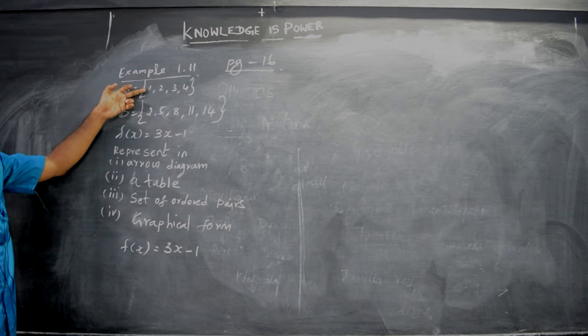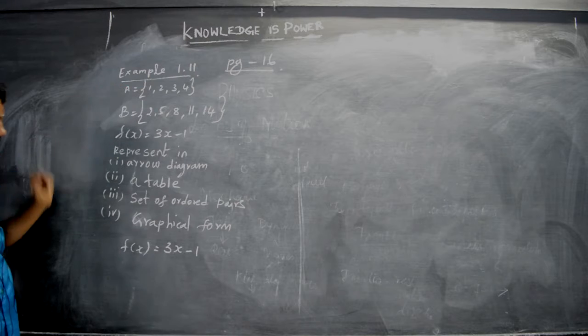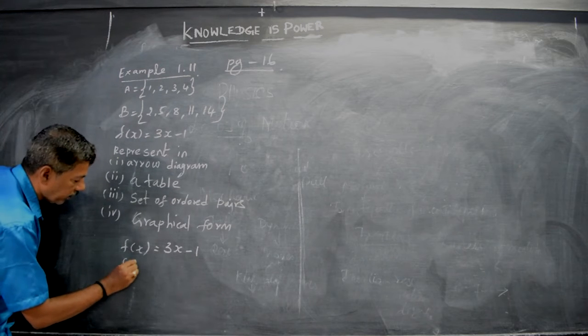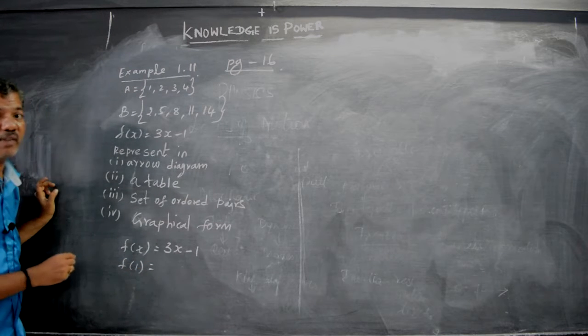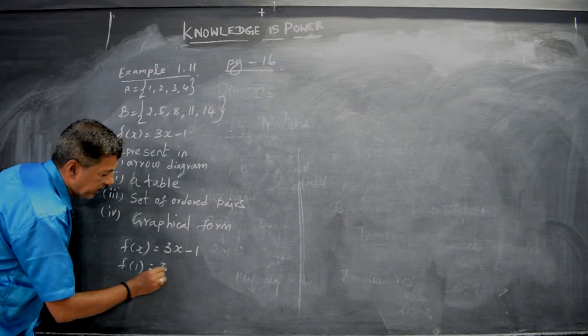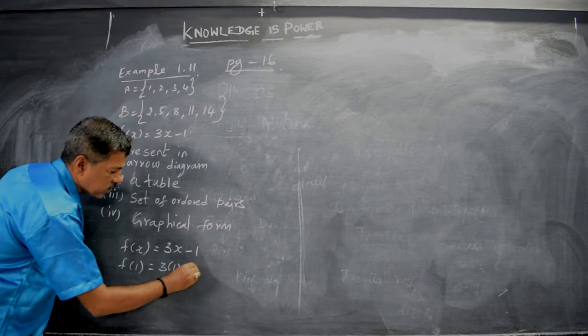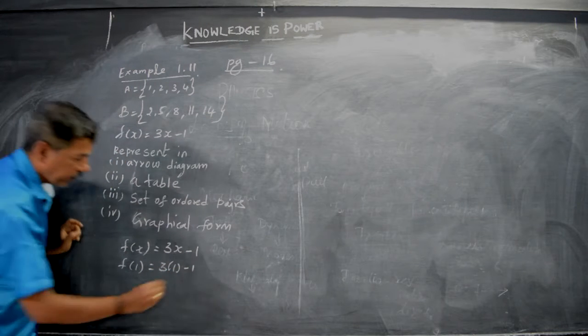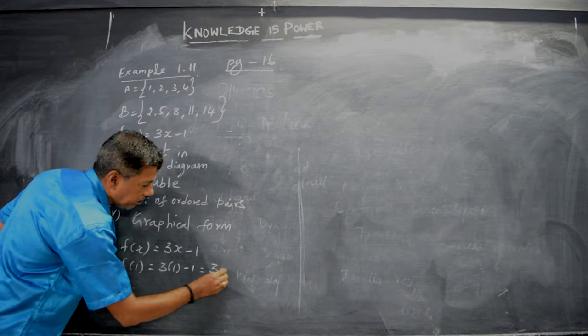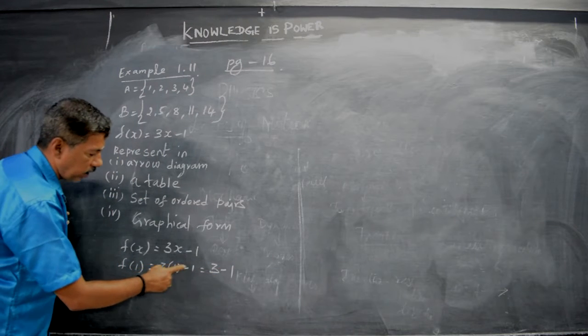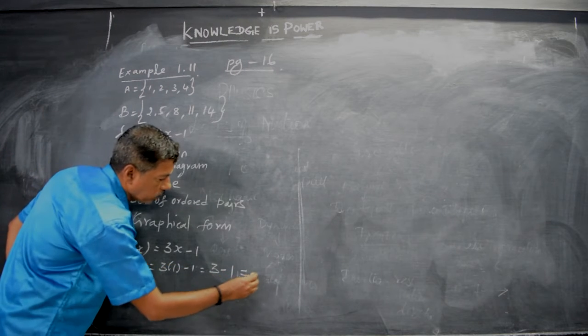What is the first value of A? 1. Now you substitute 1 in place of x. 3 into 1 minus 1 equals 3 minus 1. 3 ones are 3, minus 1 equals 2.